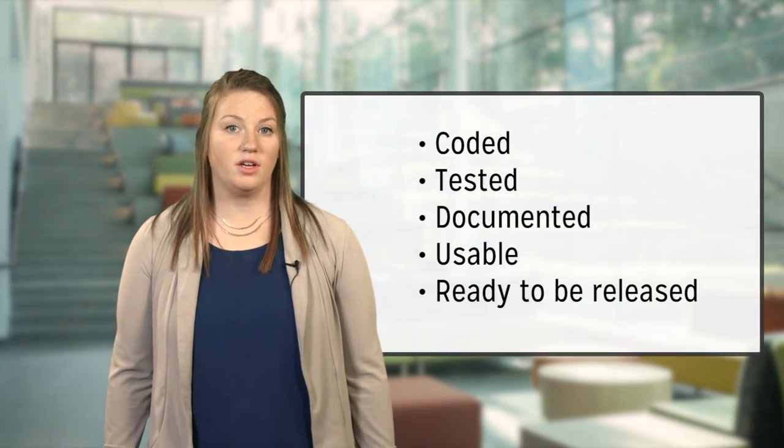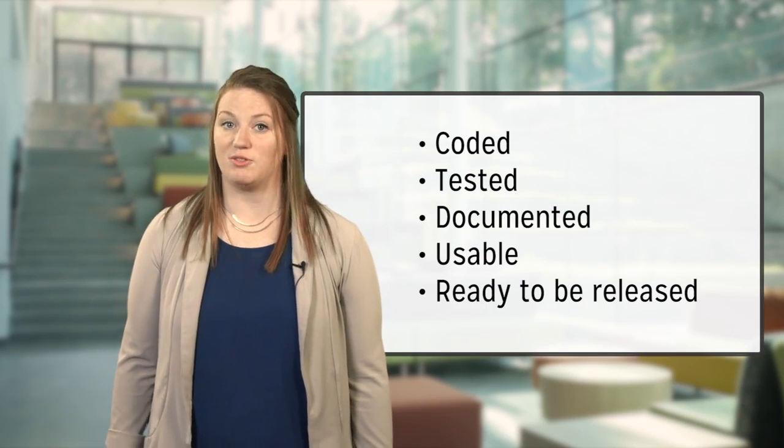For example, the product demo only includes features that are coded, tested, documented, usable, and ready to be released. In the current sprint, the development team had 4 features that were scheduled to be built. Let's call them user stories A, B, C, and D. User stories A and B met the team's definition of done. User story C is done and works, but has not yet been fully tested.